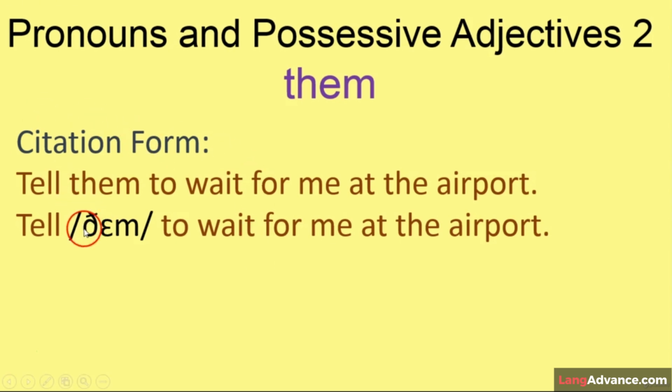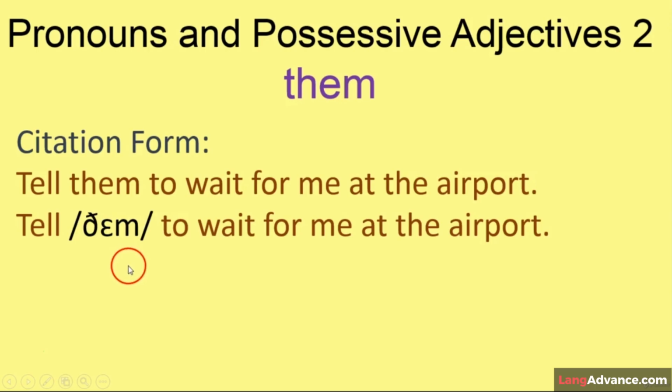This symbol here, as I explained in an earlier lesson, is the TH sound when it's pronounced with the voice. Th. This symbol is E, and then we have M. Them.